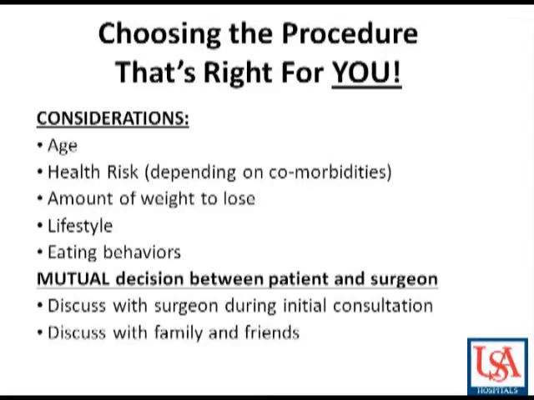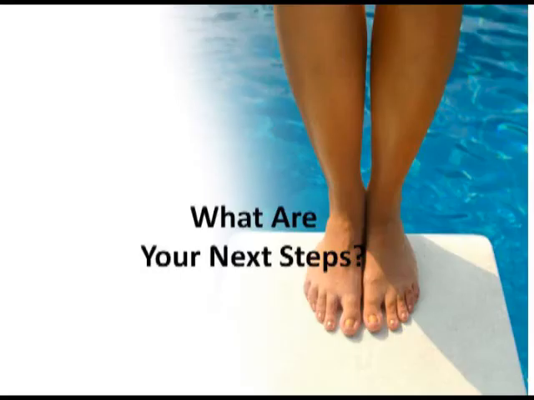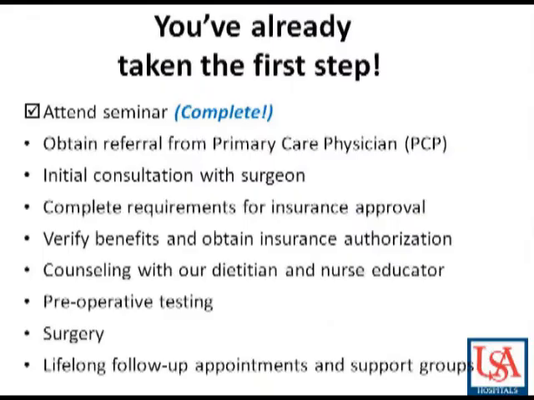A lot of times we'll have patients come to our support groups so they can talk to patients so they can really get a good idea about what things go on. We do a lot of things about trying to educate patients. We work a lot with our primary care physicians, consult with us. There are a lot of things that are contraindications.